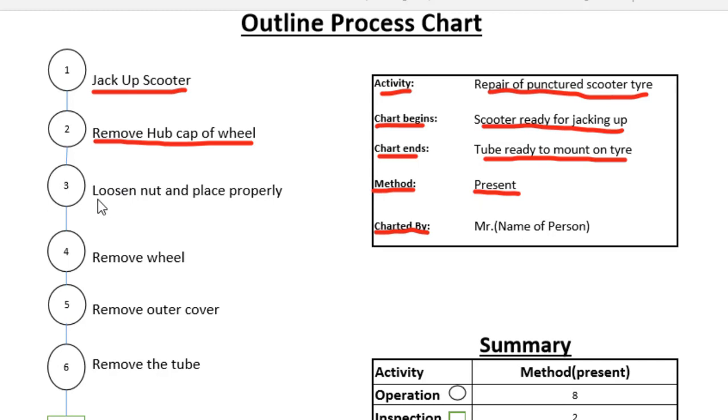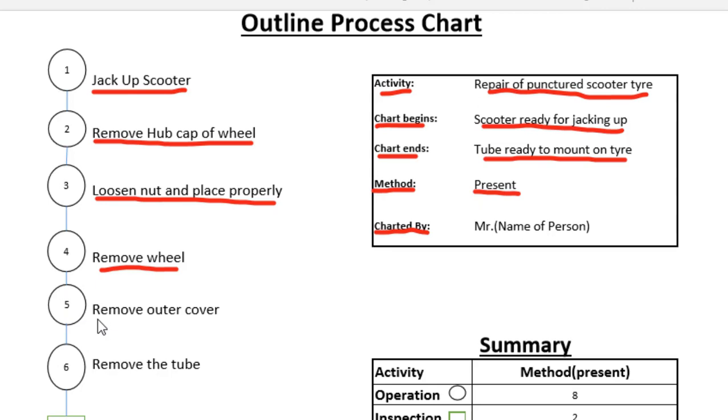Then we loosen the nut and place it properly. That is also an operation, so we mark a circle. Then we remove the wheel from the scooter. That is also an operation.